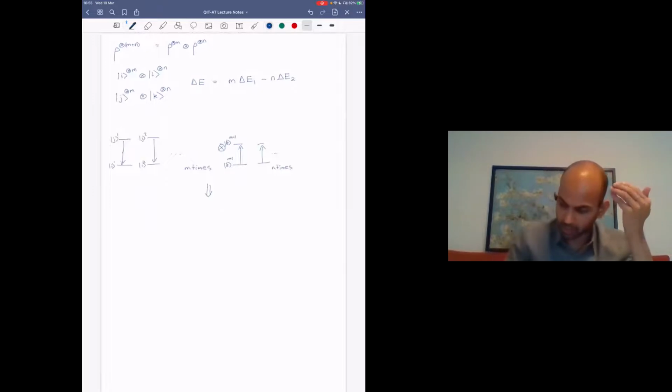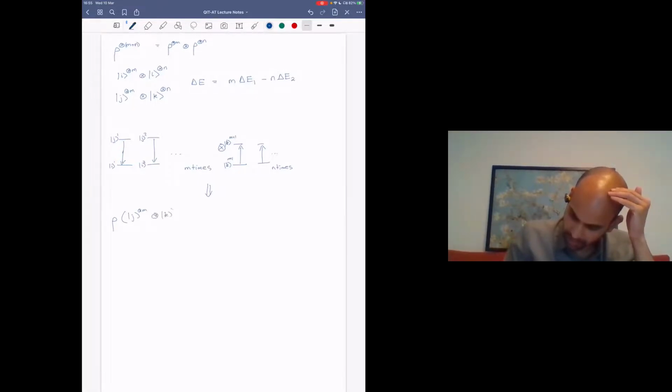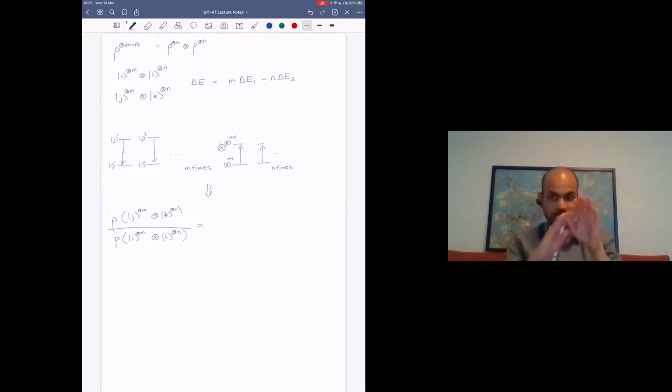And if I take the ratio of populations, so P of J tensor M tensor K tensor N divided by P of I tensor M tensor L tensor N, then because it's a product state, as we've done before, we can simply write each population as the product of all of the individual populations.